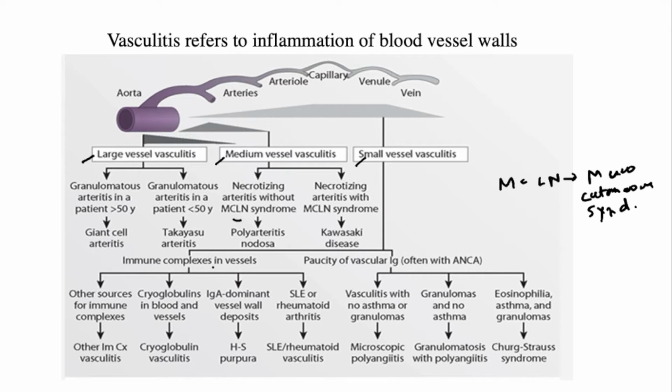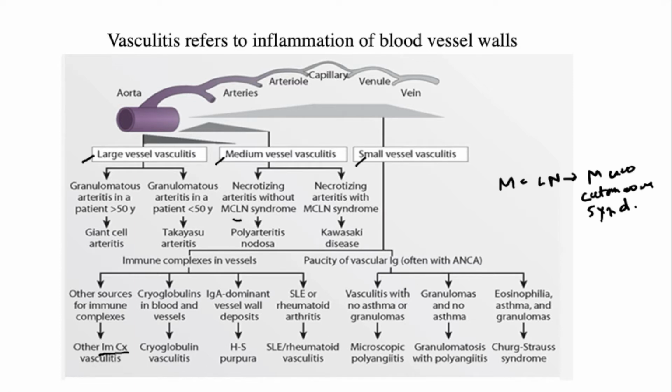Immune complex mediated small vessel vasculitis may be cryoglobulin vasculitis, HS purpura or IgA dominant vasculitis, and vasculitis associated with systemic lupus erythematosus or rheumatoid arthritis, or other sources of immune complex. So this is known as the other immune complex mediated vasculitis.